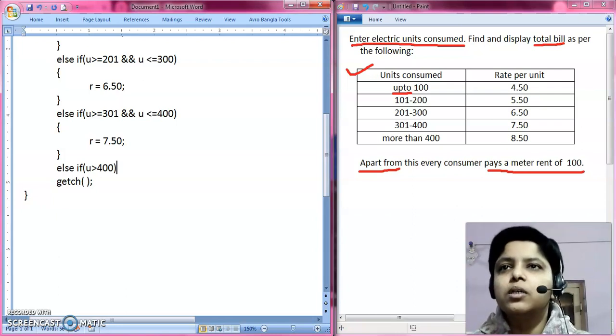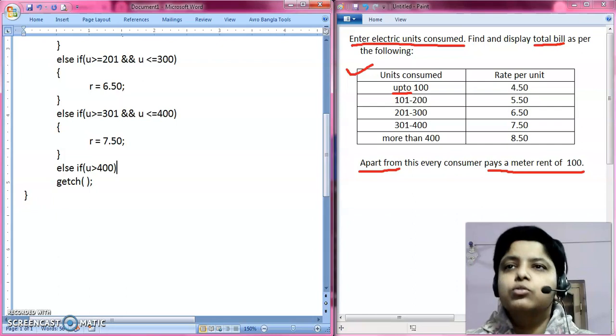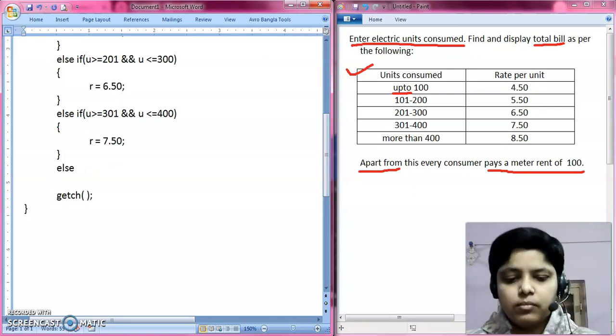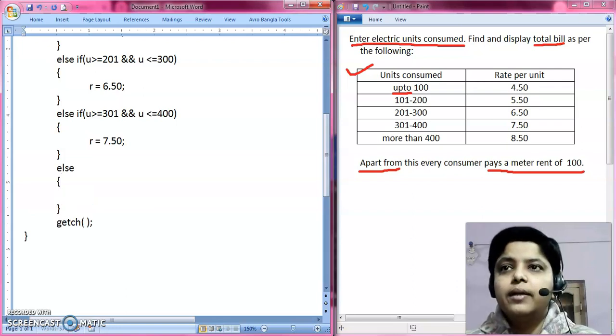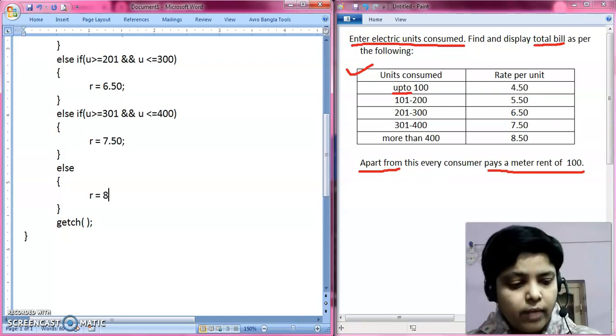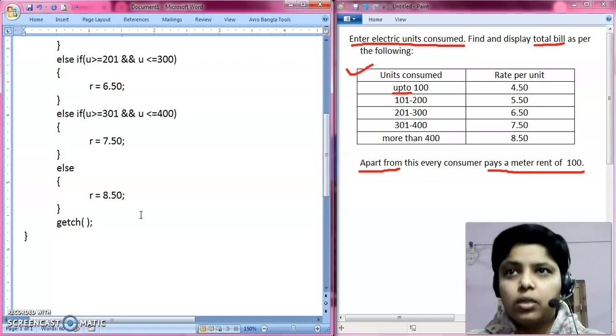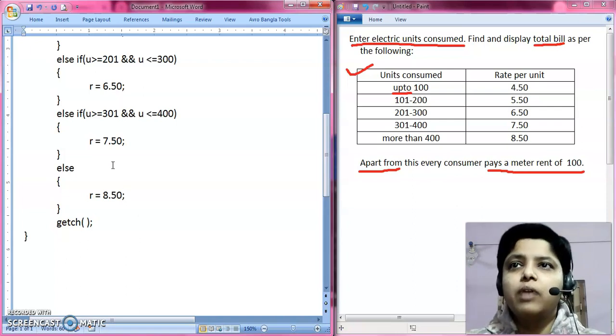There is no boundary to more than 400. So you can write it like this, or you can just end it with an else. So the rate here is 8.50. So I have stored all the rate per unit values in a variable named R.